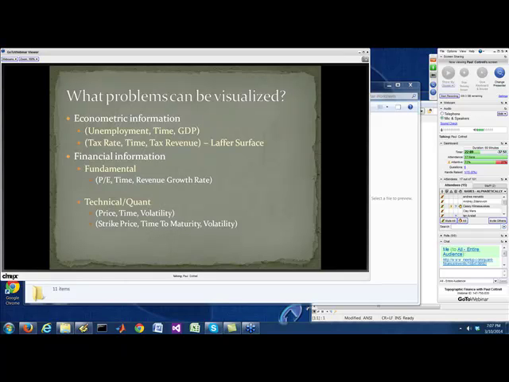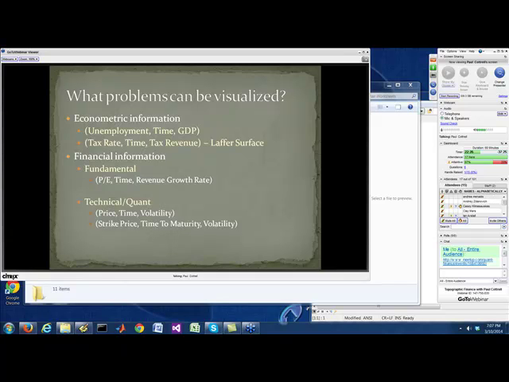If there's a negative feedback loop at some point, there's a topping off, and it starts to actually hurt the tax revenue. So what you can do is take a look at this in time and actually develop a Laffer surface. So this is one way to use topographical finance or topographical economics.